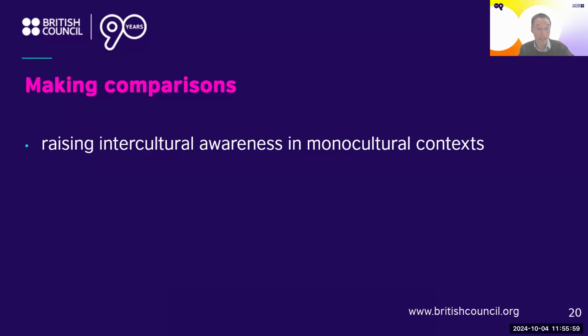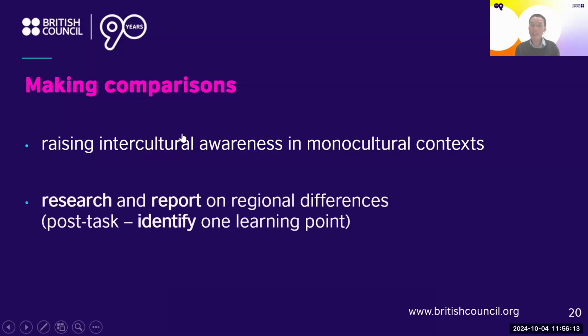So, drawing on my life experiences, I came up with this practice activity, which I've used in monolingual classes with teenage and adult learners at intermediate level and above. In this activity, I ask each group of students to choose two distinct regions of a specific country for comparison.